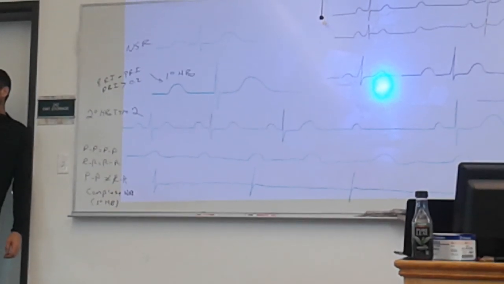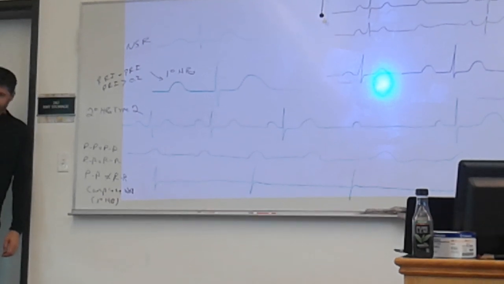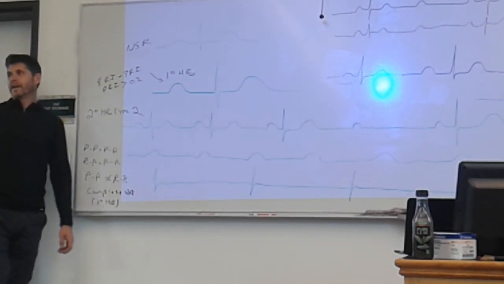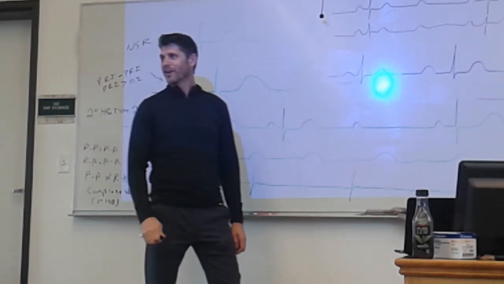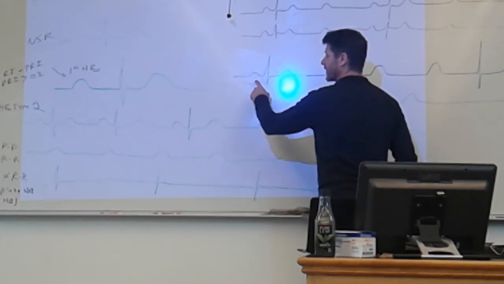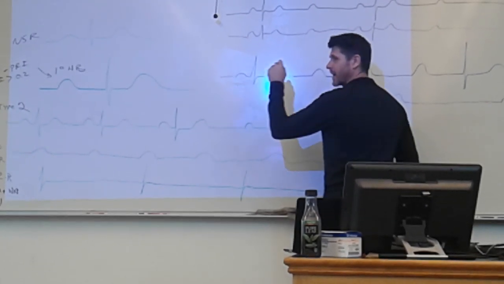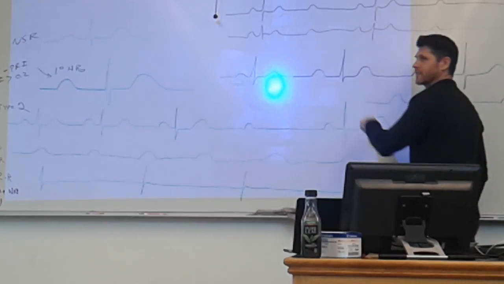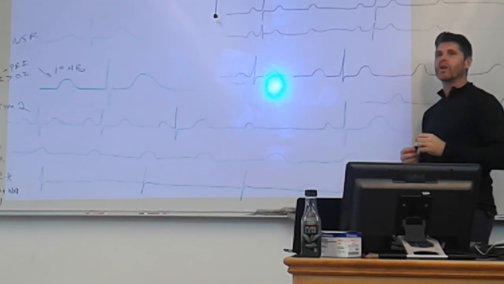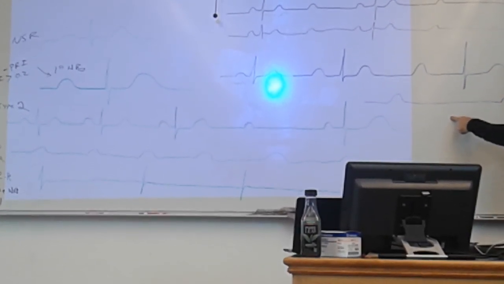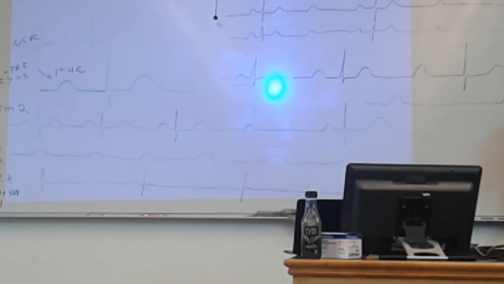What's the secondary heart block type? Oh, the winky block? That's a good question. Should we talk about it? Not right now. If I have a rhythm where I've got a refractory problem in my AV node that causes my AV node to be more and more in refractory until it gets to the point that it is totally in refractory, I lose a beat, and then it starts the process over again.